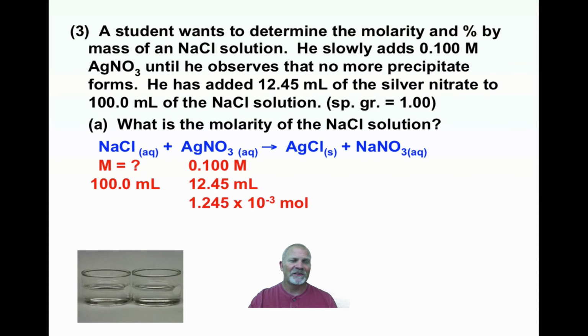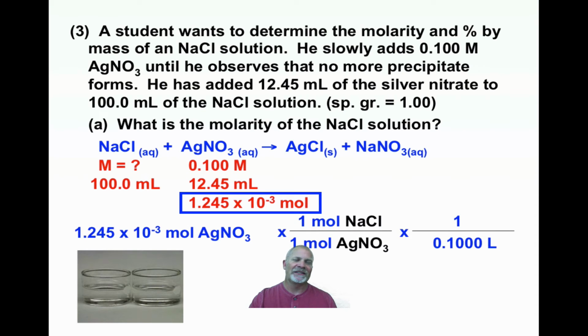Now pay attention here. This is really quick. If silver nitrate and sodium chloride are a 1:1 ratio, that means, and we're going to assume this is completely reacted, their moles are the same. So in this situation, since I know the moles, I can actually see this in the problem.